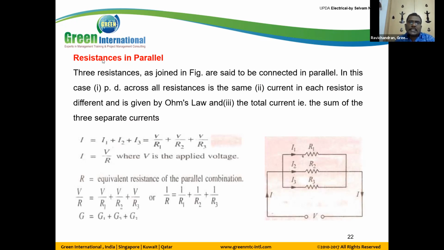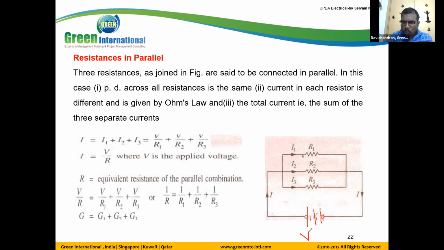Now resistances are connected in a parallel circuit. So now we apply the voltage, V voltage.